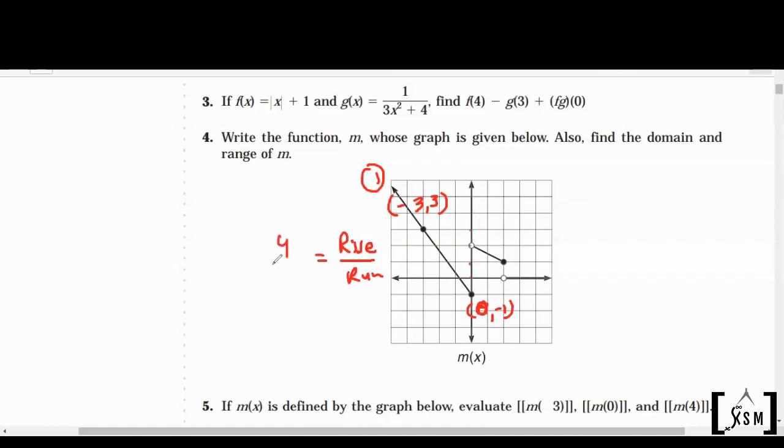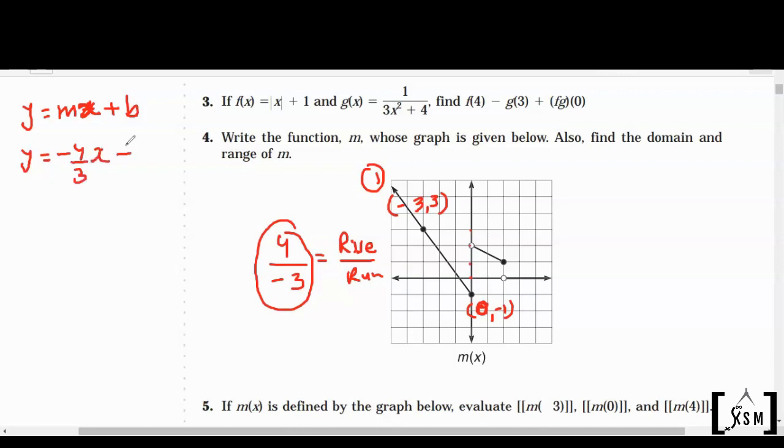So it is 4, and run is how much? Negative 3. So the slope is negative 4 over 3. So yes, we can say that a straight line is in the form y equals mx plus b, right? So y equals negative 4 over 3 x plus b. The y-intercept is negative 1, so we can just say it like this. So this is my first equation.